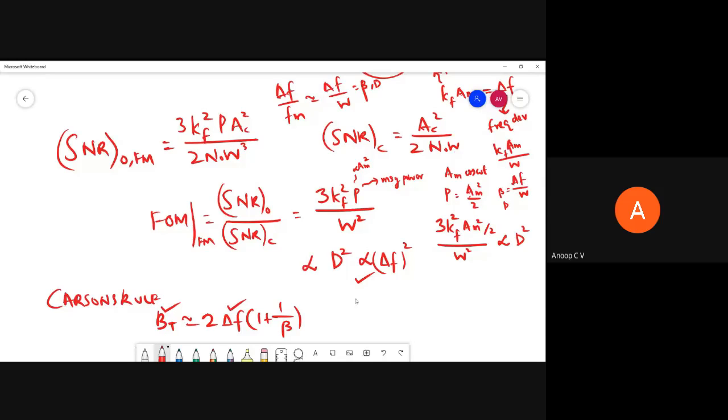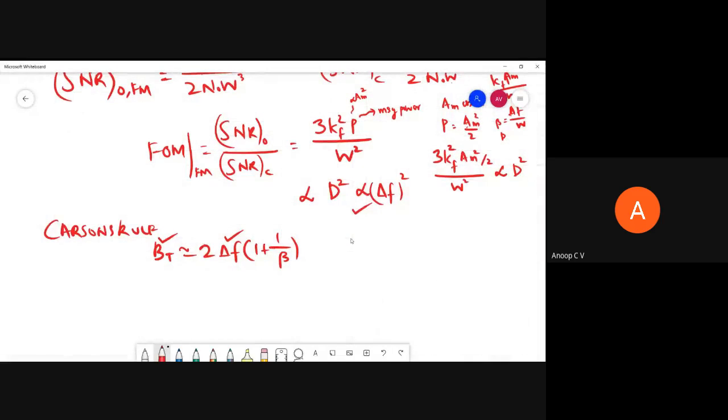So this FM has a very beautiful property. If bandwidth increases, figure of merit increases, which means noise performance increases. That is what we have told initially while comparing AM and FM. We told AM, there is no point in increasing the bandwidth of AM, because it can't give any better noise performance, whereas FM has a wonderful capability of giving better noise performance at the expense of added bandwidth.